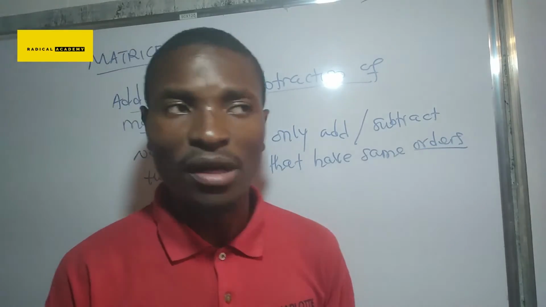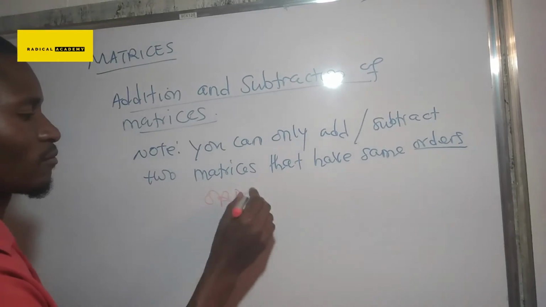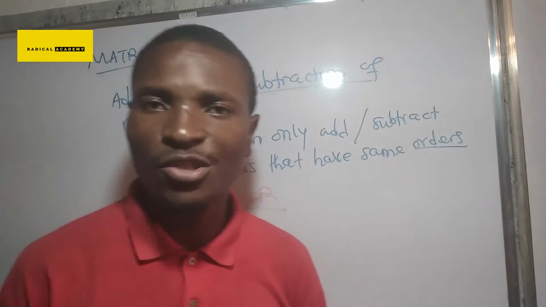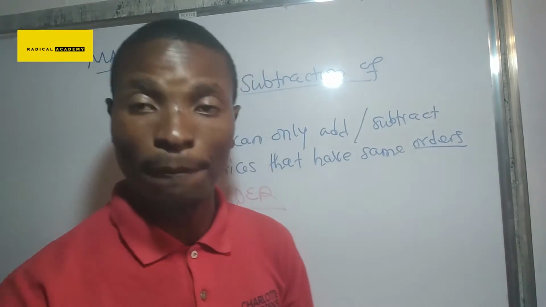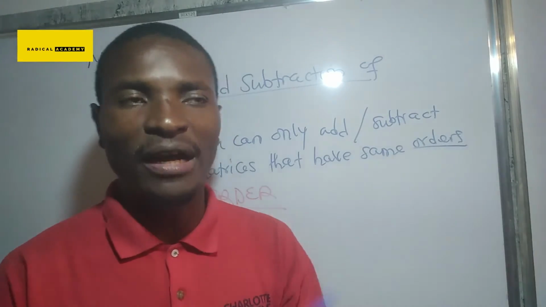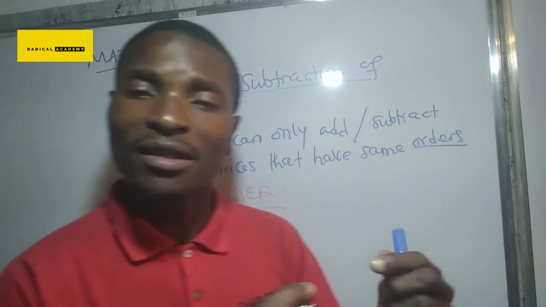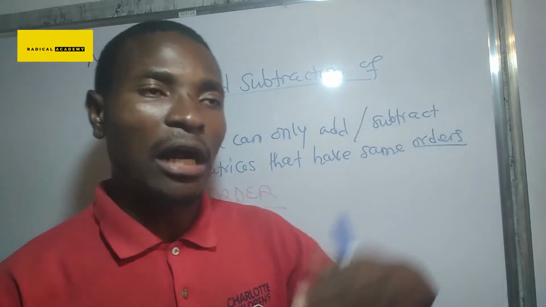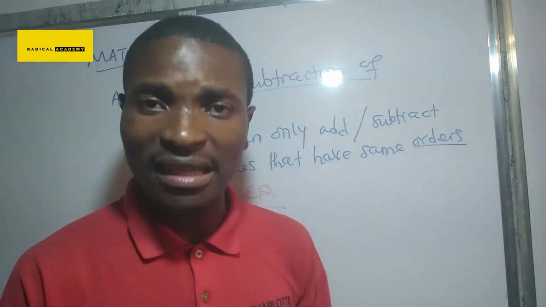By order, what we mean is, when you want to understand the order of a matrix, we are simply talking about how many rows are defined by that matrix, and how many elements make up the columns within that matrix.